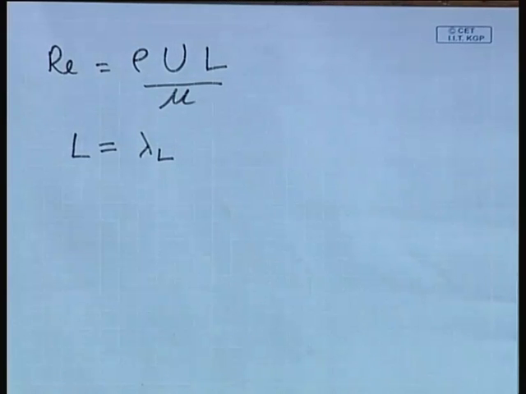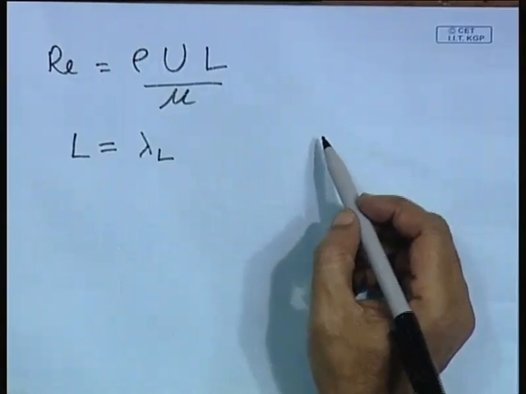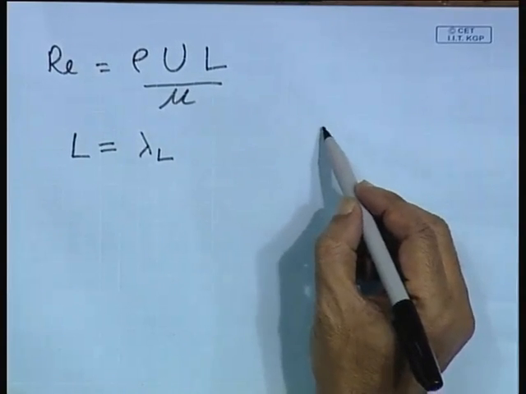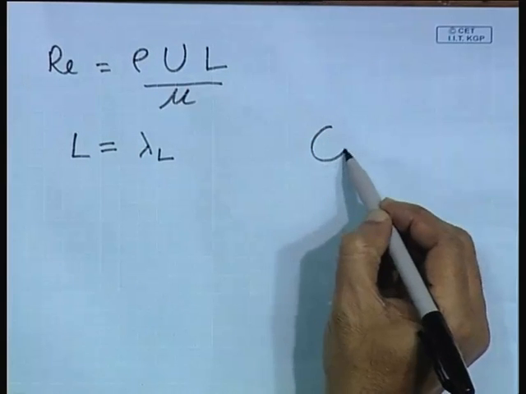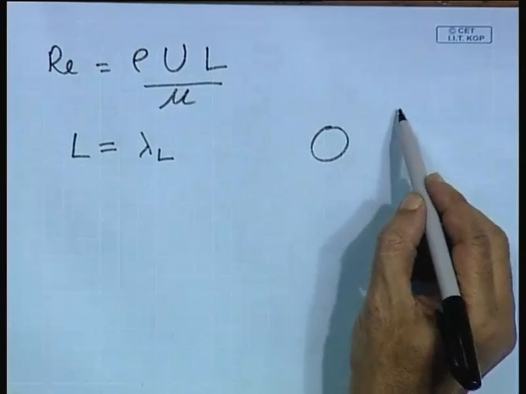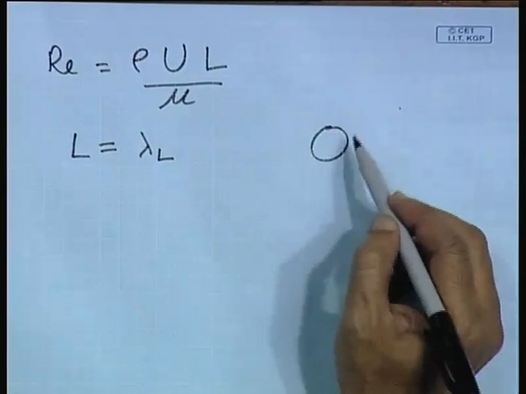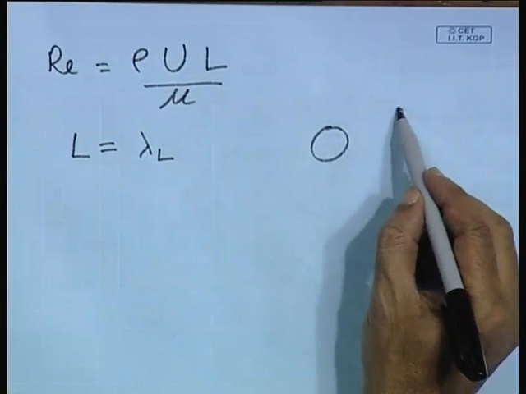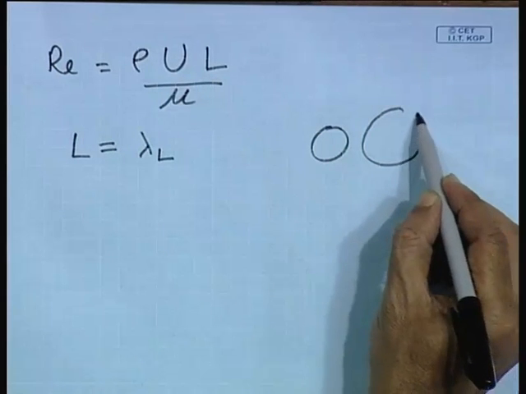Physically it is what? Now, before constructing this model, people have done a number of experiments. What people have seen is that boiling heat transfer really does not depend on the physical dimension. What do I mean to say? Suppose you take a circular cylinder and on it you have some boiling heat transfer, and you take another circular cylinder of larger diameter.